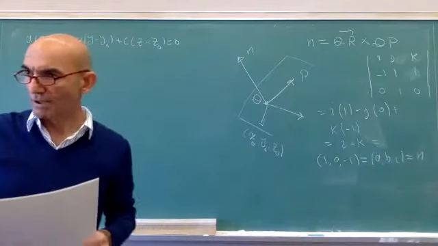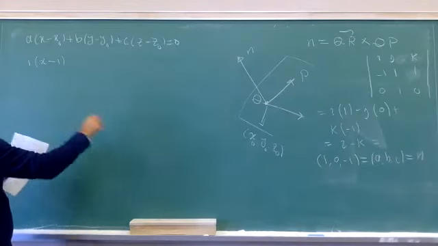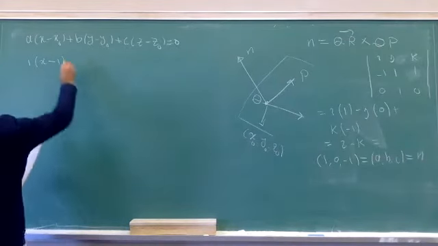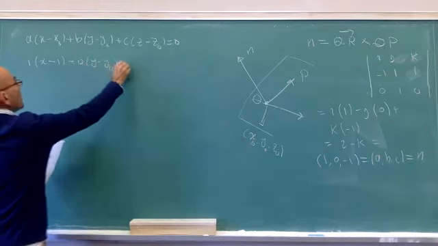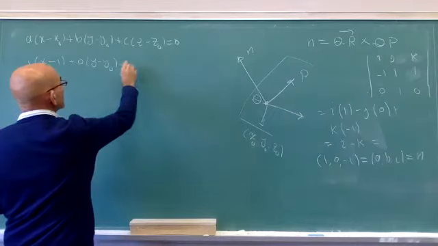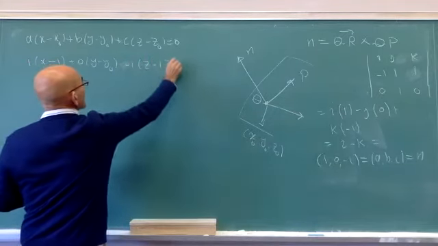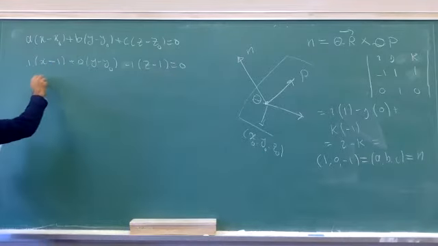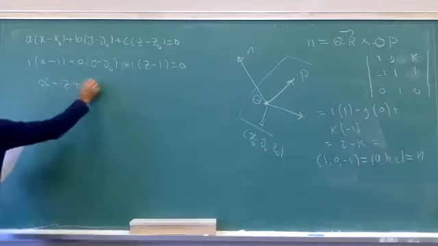Yes. So this is 1, and then plus 0 times (y minus y0), which I don't care, plus c, which is negative 1, times (z minus z0), z minus 1. So what do we get? We get x minus z plus 1 is equal to 0.